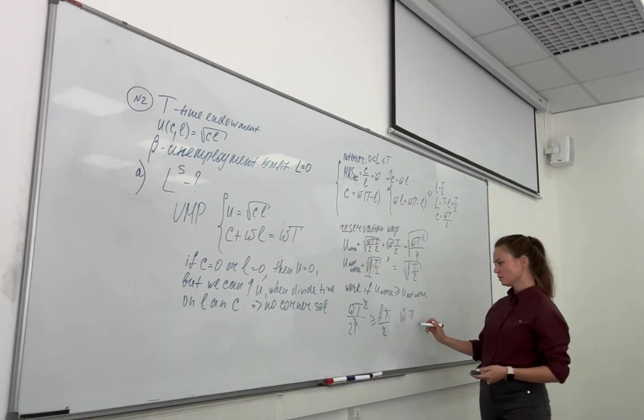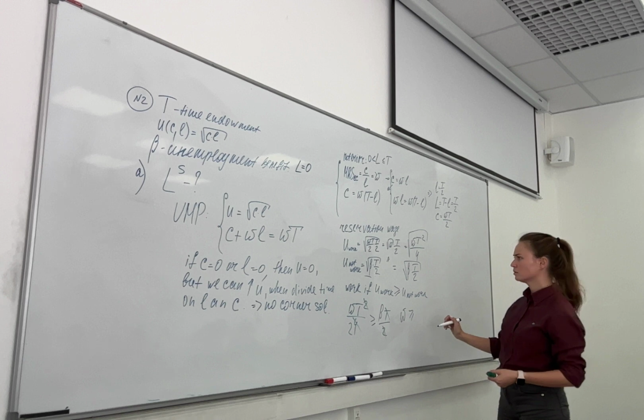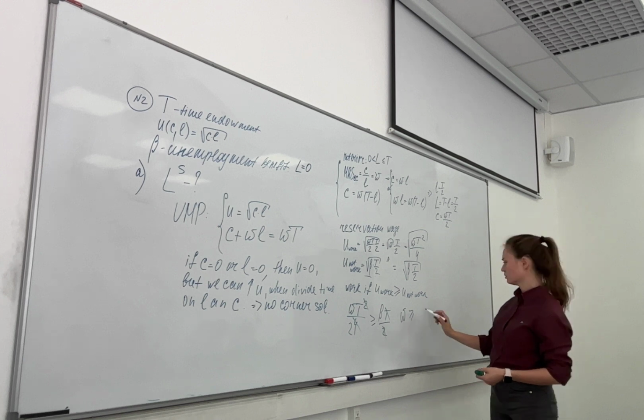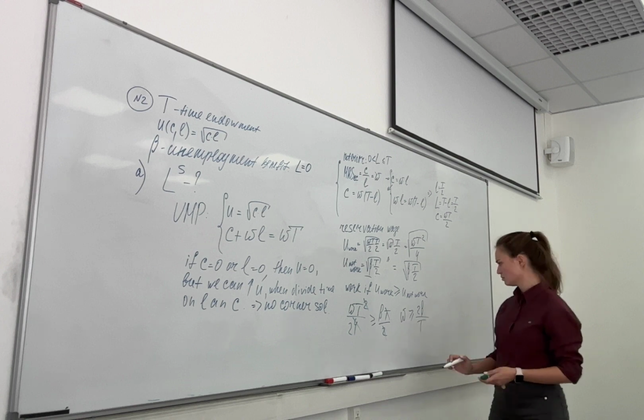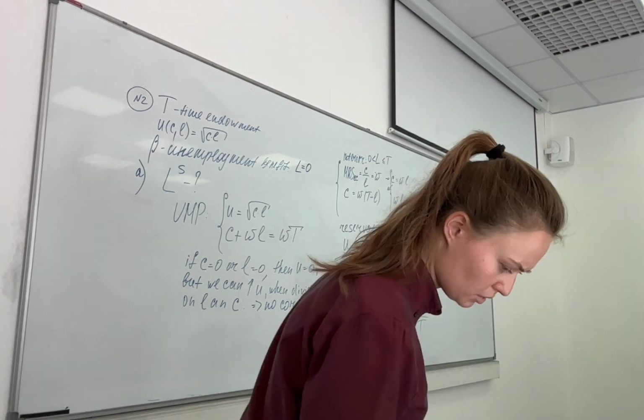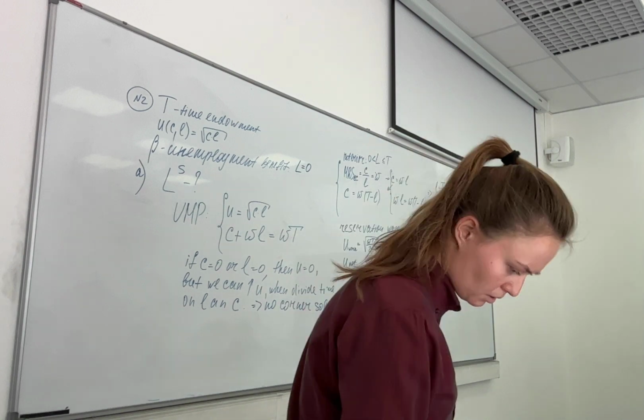It should be greater or equal than 2 beta over t. Why 2 beta? Beta. Why?